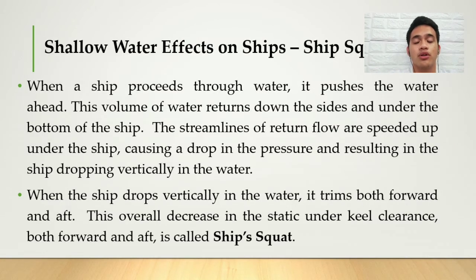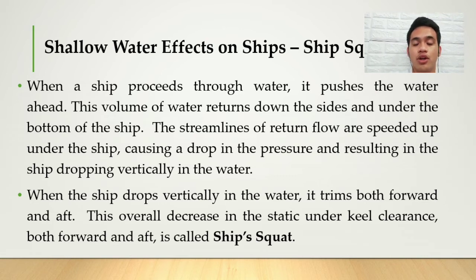Shallow water effects on ships, or ship squat. When a ship proceeds through water, it pushes the water ahead. This volume of water returns down the sides and under the bottom of the ship.